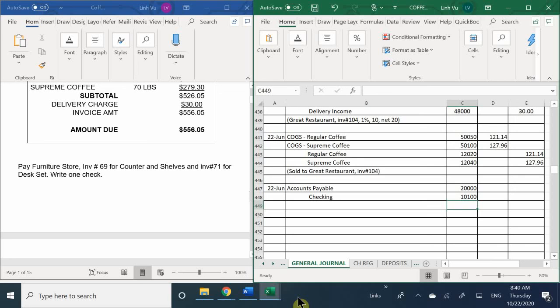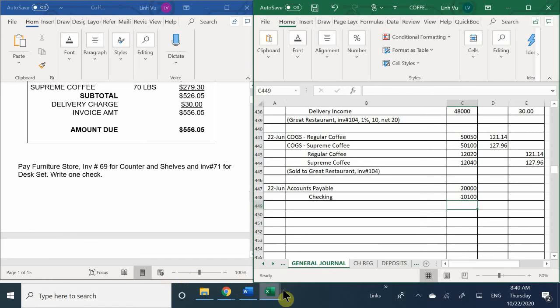Wait, I'm trying to find the amounts. Where would you find that information? I'm looking at the purchase orders for the amounts. The purchase order only tells you what the estimated amount is. It doesn't include other things such as shipping or tax. So we go to the subsidiary ledger.